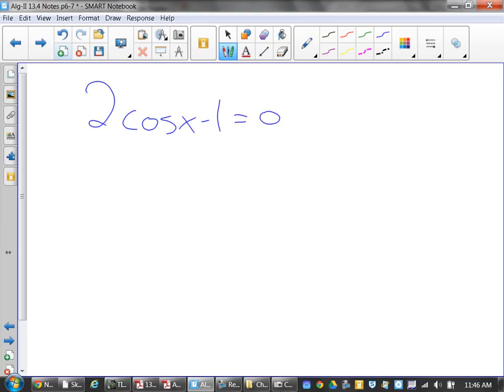If you think of this as a two-step equation, if I just covered up this nasty word of cosine and had 2x minus 1 equals 0, what would you do? Add one. Okay, so that means some angle has a cosine of 1/2.